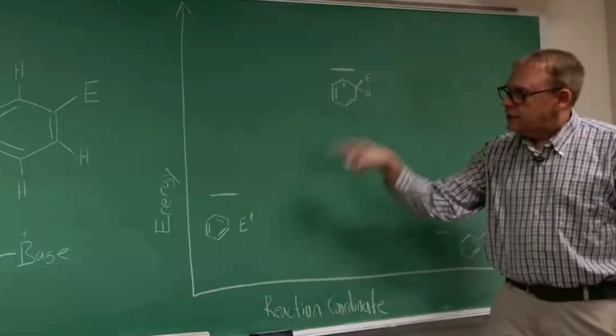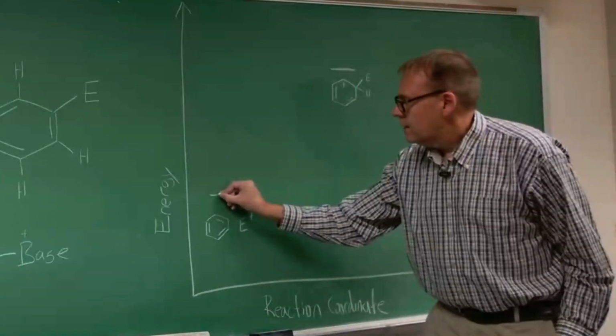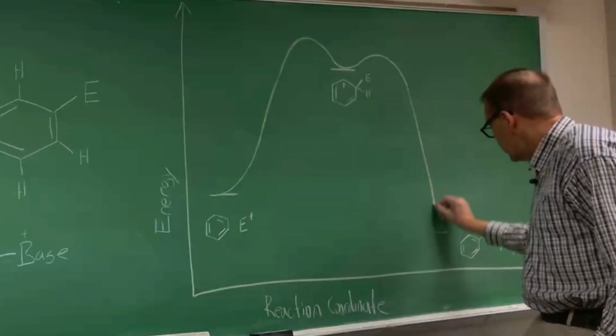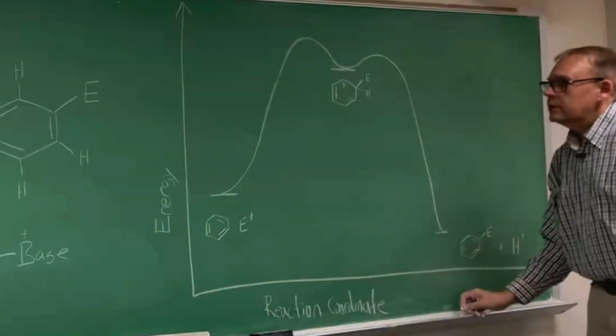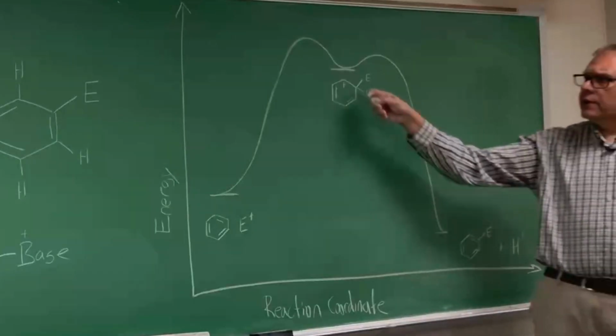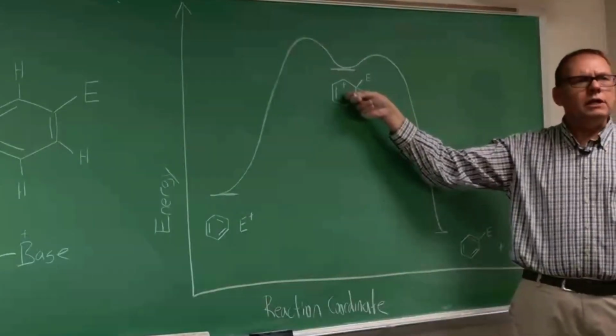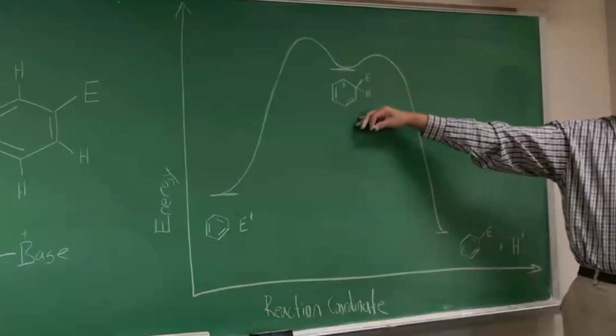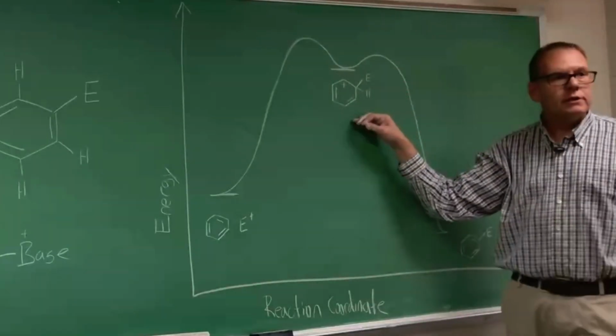So we've got reactant, intermediate, and product, and there are a couple of transitions that happen as it goes from reactants to intermediate to product. You'll notice that the intermediate is really high in energy. It's a carbocation. It's a resonance stabilized carbocation, but it's a carbocation.